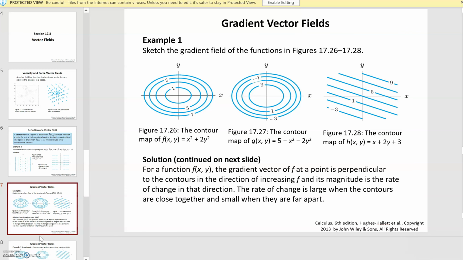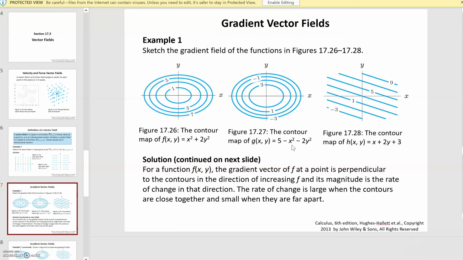When we're thinking about what the vector field is going to look like, the arrows are going to be coming away from the center, right? And then we look here at figure 17.27. It's coming from -3, -1, 1 to 3, right?